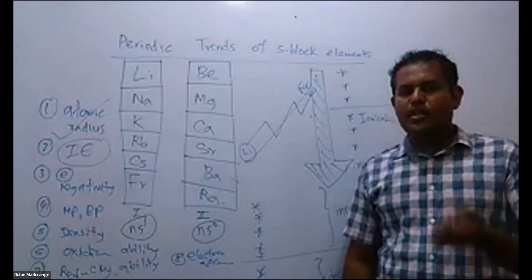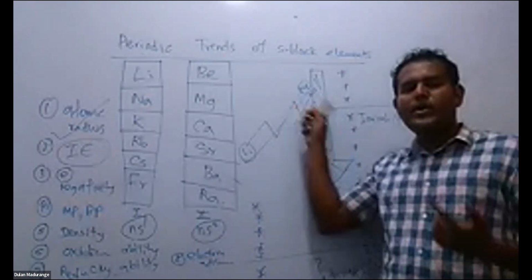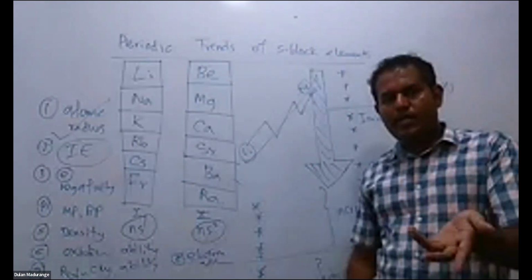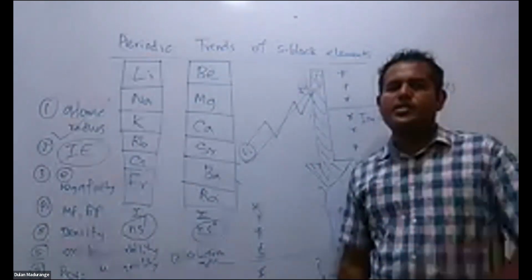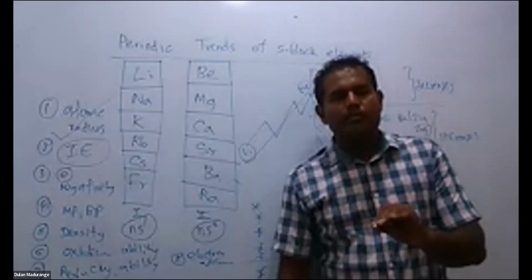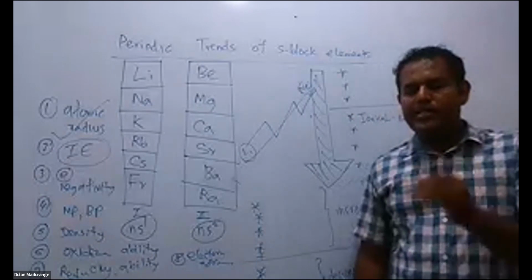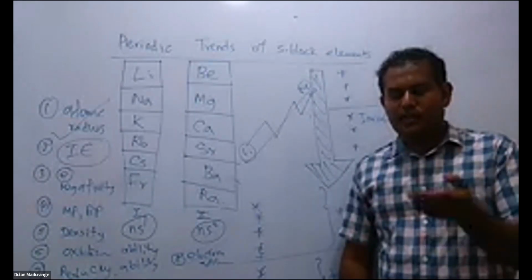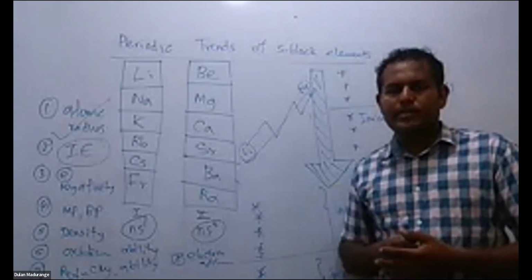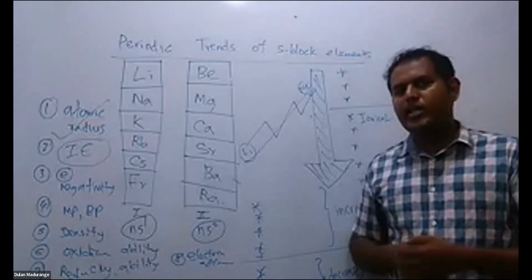When we remove an electron from neon and from lithium, which becomes stabilized, which becomes destabilized? We can't easily remove an electron from neon because it has a very stable configuration, 2s2 2p6. When we try to remove an electron from neon, it asks for more energy. That's the reason. So you can explain it using configuration.